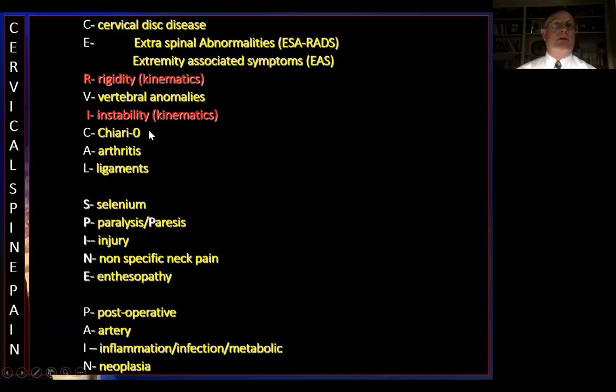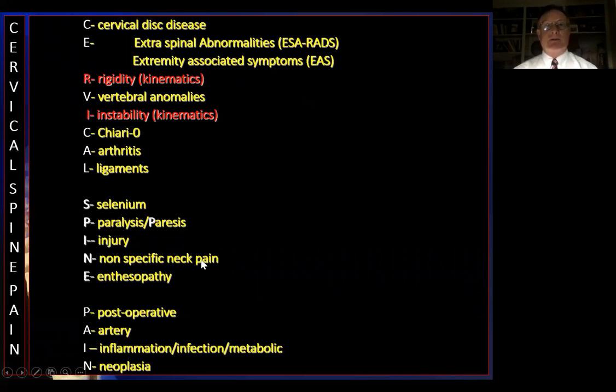We'll talk about vertebral anomalies, arthritis, and ligaments, which are so important. How stenosis is associated with tight ligaments in a noisy arthritic joint. How you can have motor weakness, numbness, paralysis and paresis after particularly whiplash injury, and you may have a normal-looking spine imaging study and all the sequelae of injury.